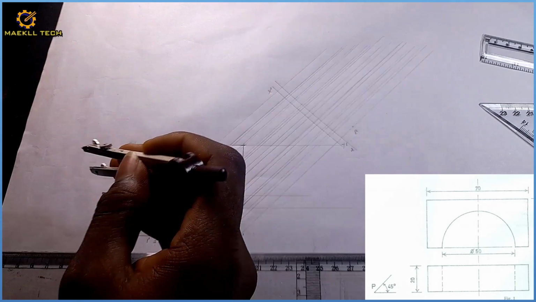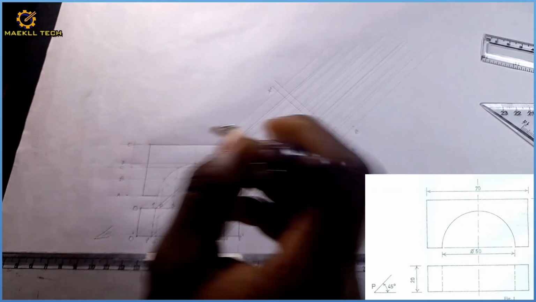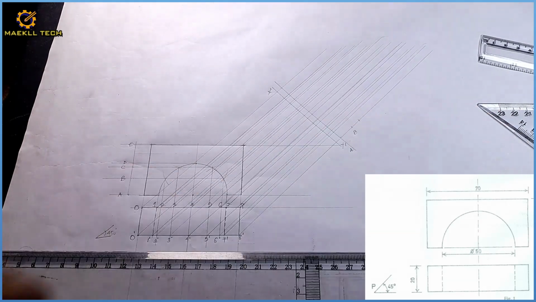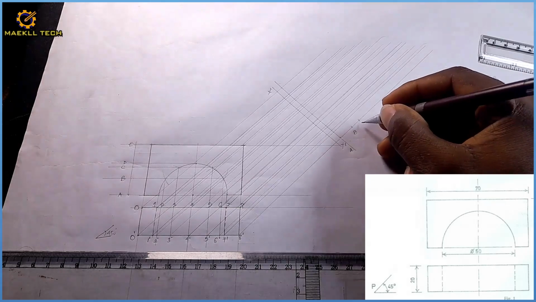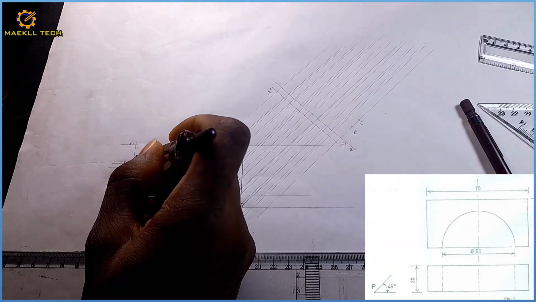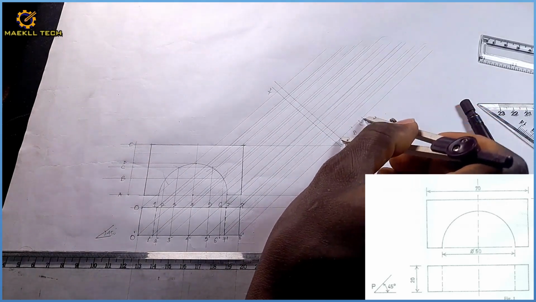Okay, from mark A to C. This is it. So mark A, I have my C. That's mark C. Mark A to D, which is this.